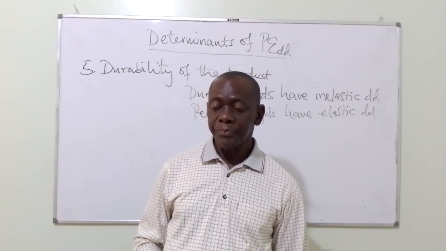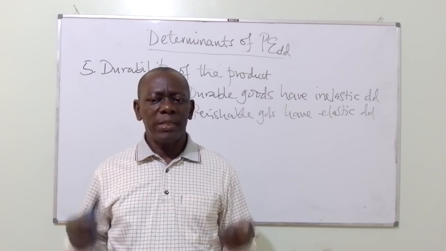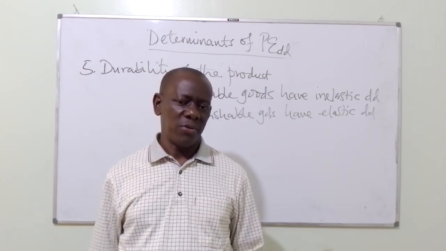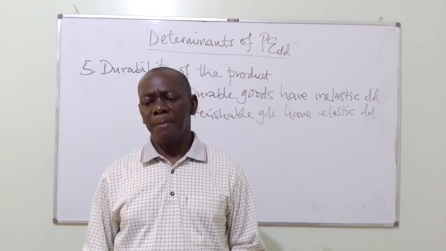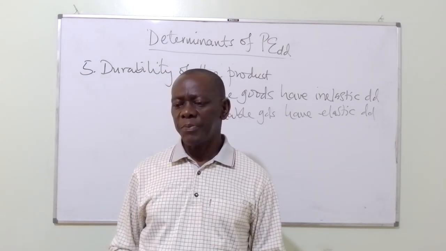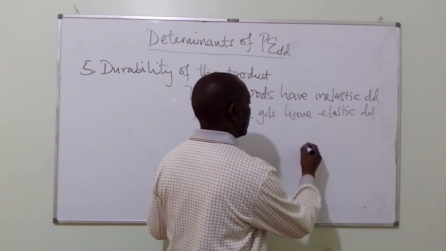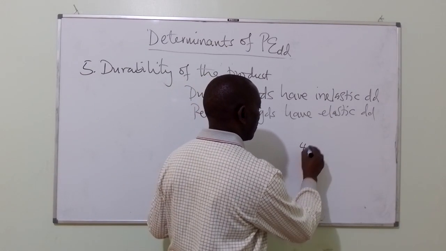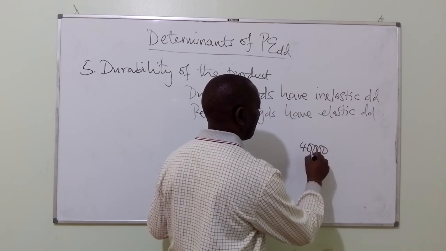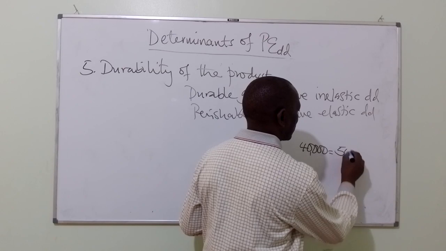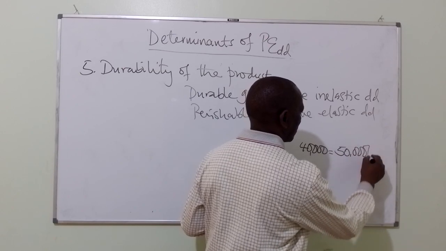When a commodity is durable, and you know you are buying it once and for all, for example, a saucepan, you go to buy a saucepan, and they tell you that a saucepan, which has been costing 40,000, has now gone to 50,000.